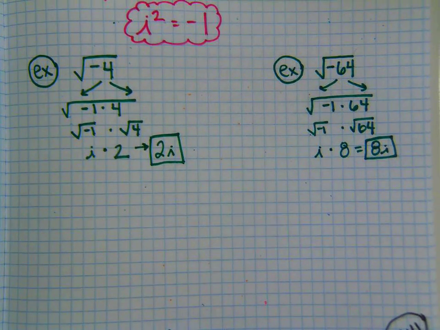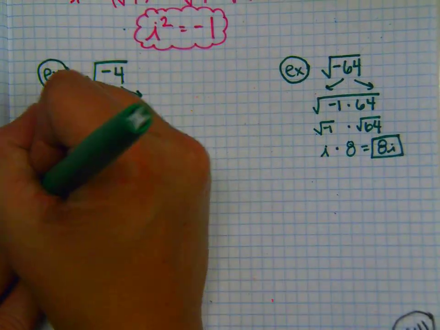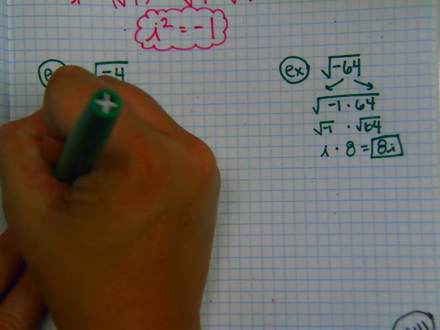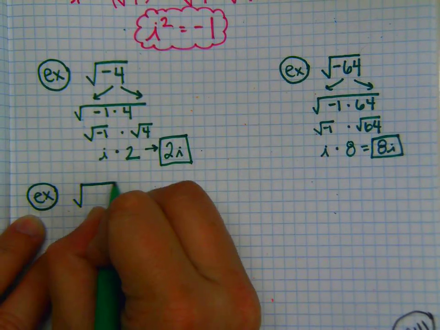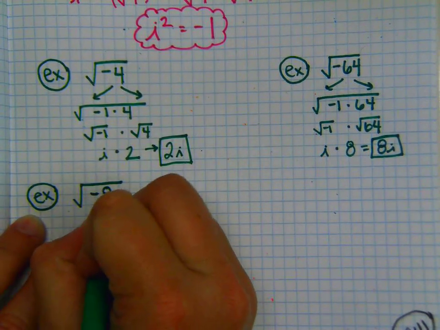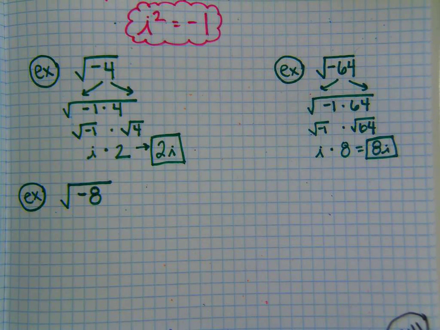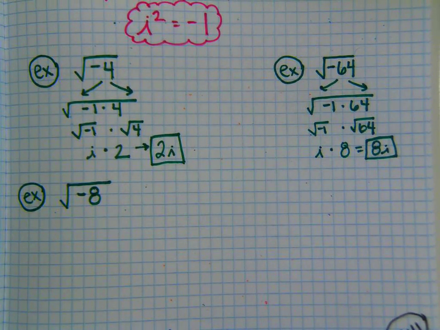Now we could have different things. So we could have an example where we have the square root of -8. Now, obviously, 8 does not have a square root. So this is where the rationalizing of the square roots comes into play. So this will do the same thing.